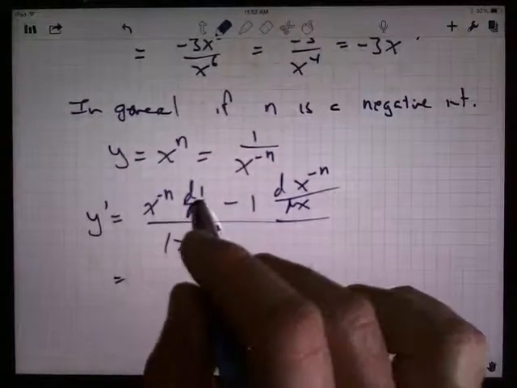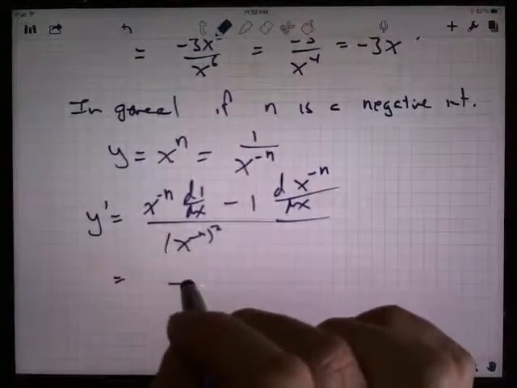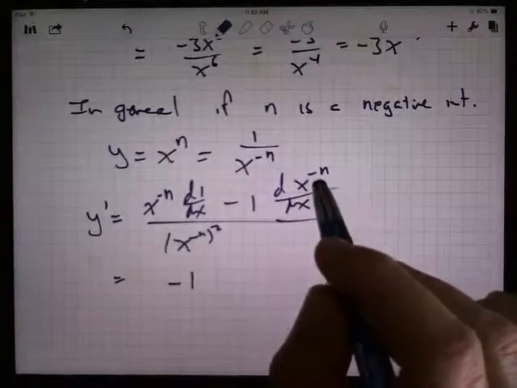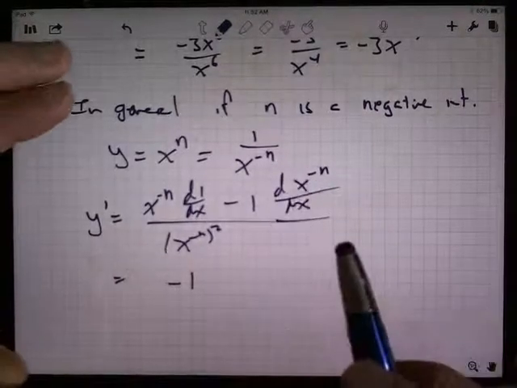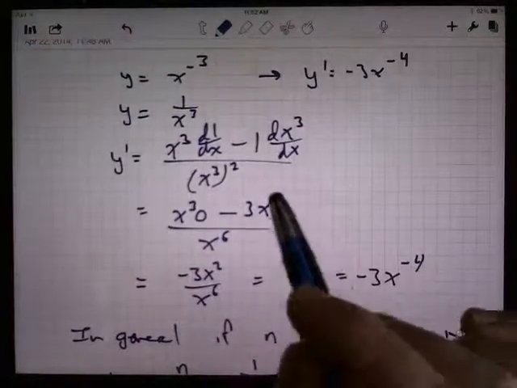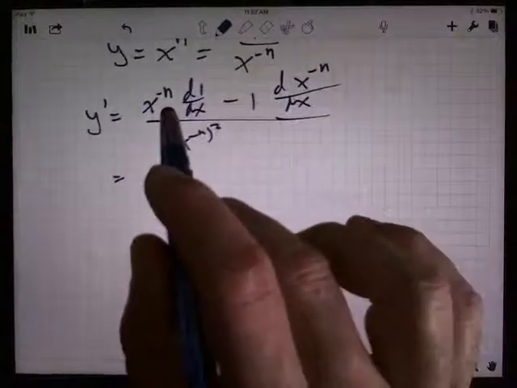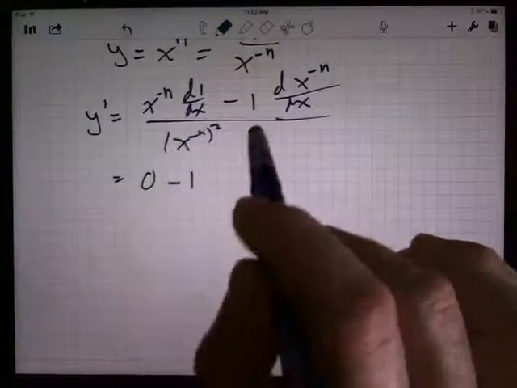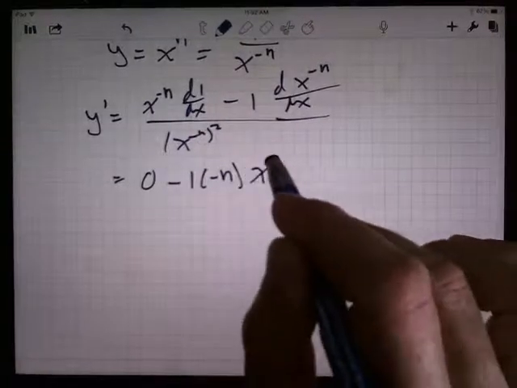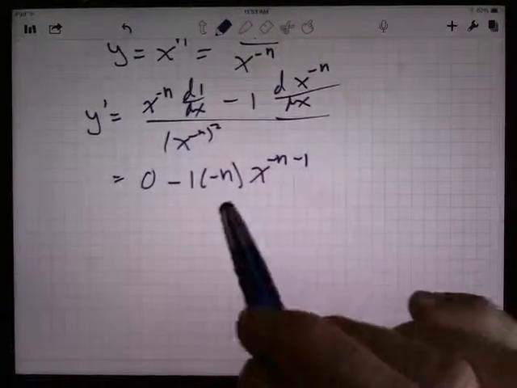So here we go. The derivative of 1 is going to be 0. So the numerator here is just that negative 1, and then there's the derivative of x to the negative n. Remember, negative n is positive because n was negative. Here n was negative 3, so negative n was positive 3. So I've got a 0, and then minus 1 times negative n x to the negative n minus 1, where negative n is a positive number, so this works.